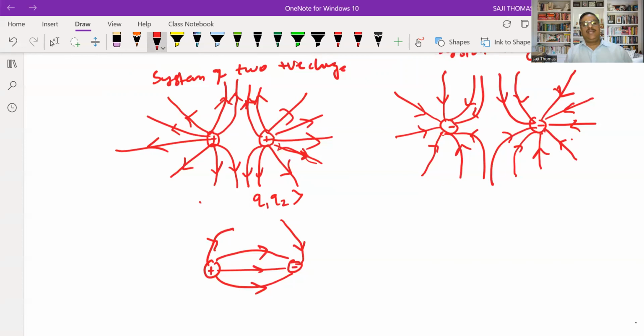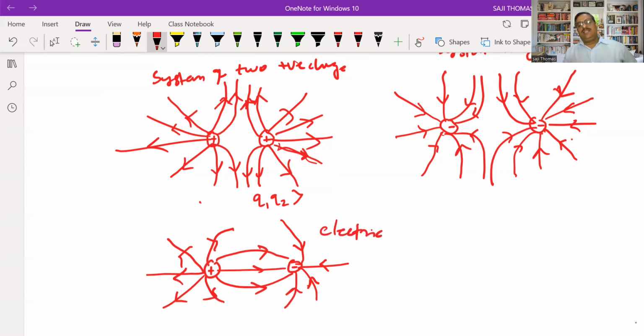For the negative charge, lines of force will be towards it, and away from the positive charge. So a dipole is a system of two equal and opposite charges separated by a small distance. We will discuss it later.